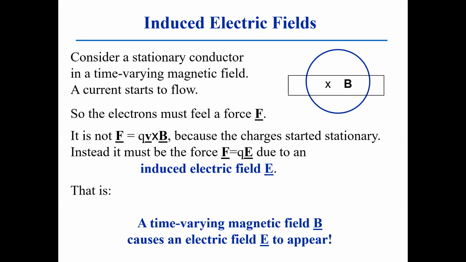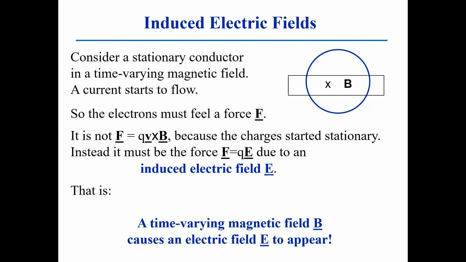Consider a stationary conductor in a time-varying magnetic field. Current starts to flow, so the electrons must feel a force, F. Now this force is equal to qE due to the induced electric field.